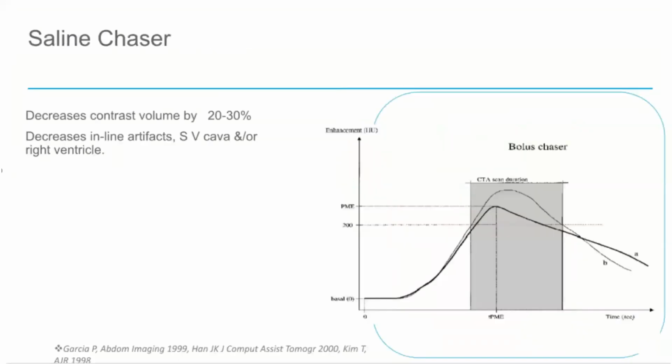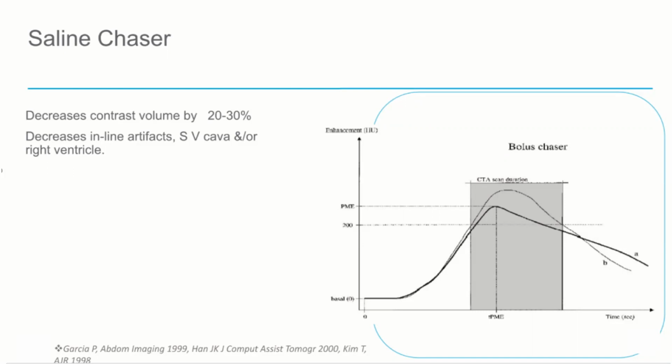So what are the benefits of using a saline chaser? The actual contrast volume can be reduced by 20 to 30%, as the saline flush will push the bolus through, keeping the contrast within the acquisition time.